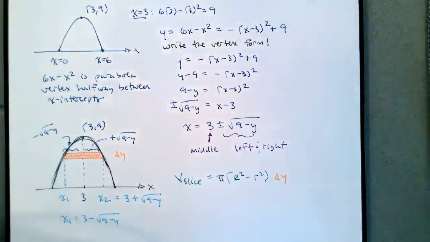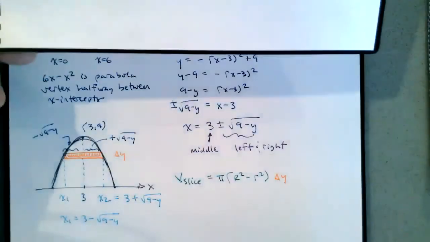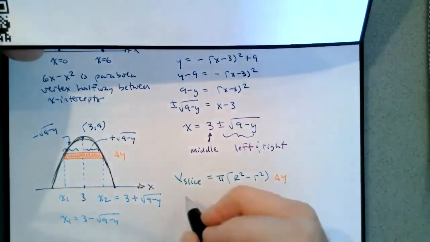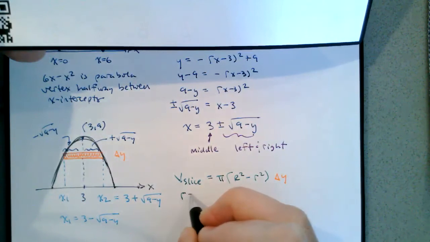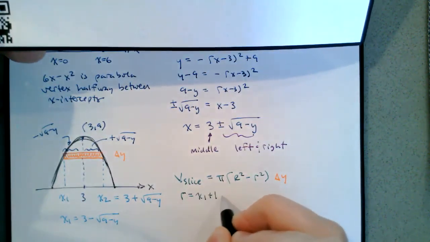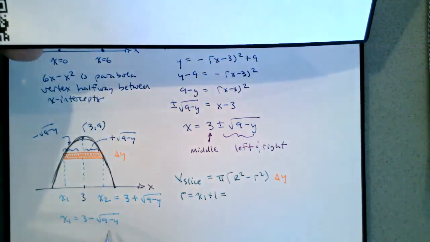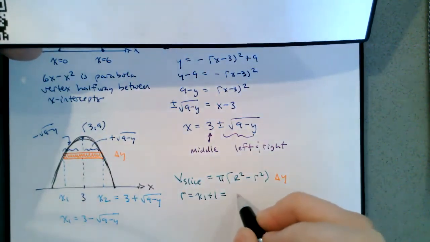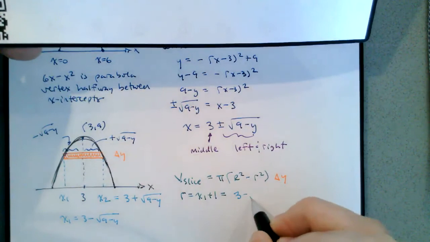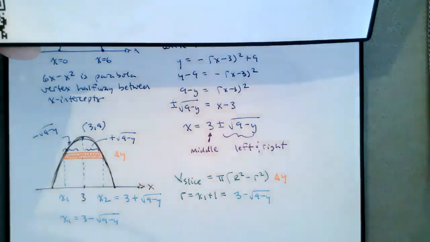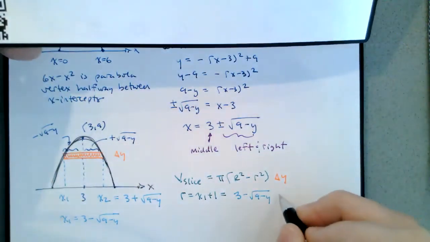Little r was x1 plus 1. And then I can write x1 as 3 minus the square root of 9 minus y. And then we have the plus 1.